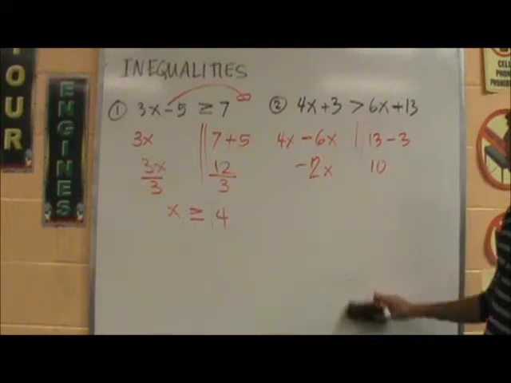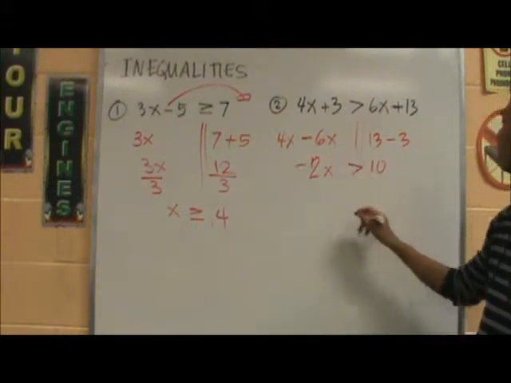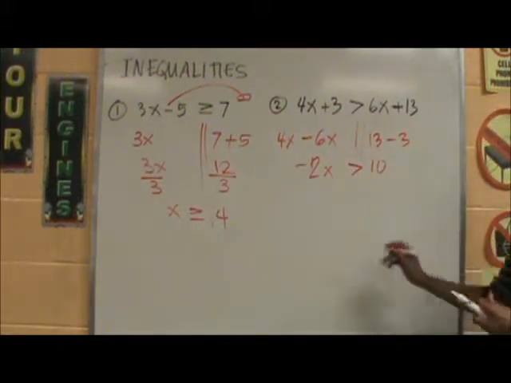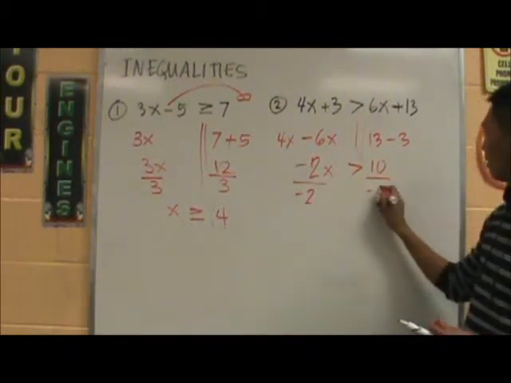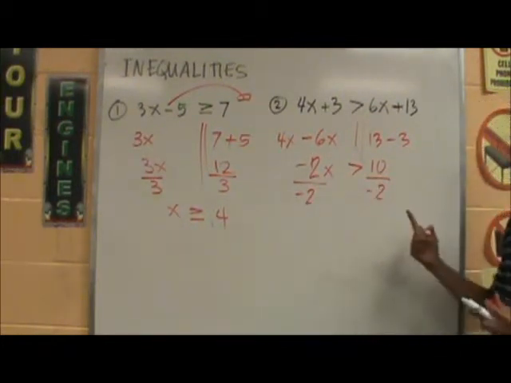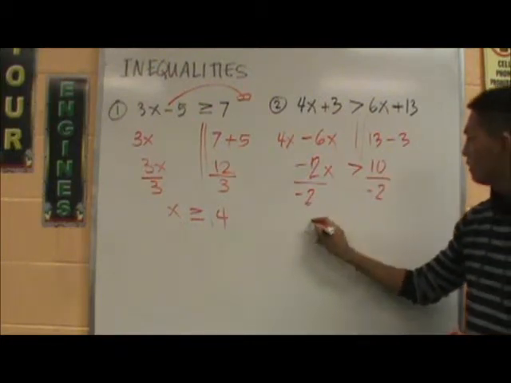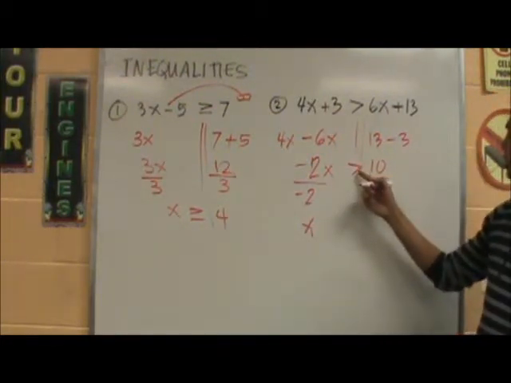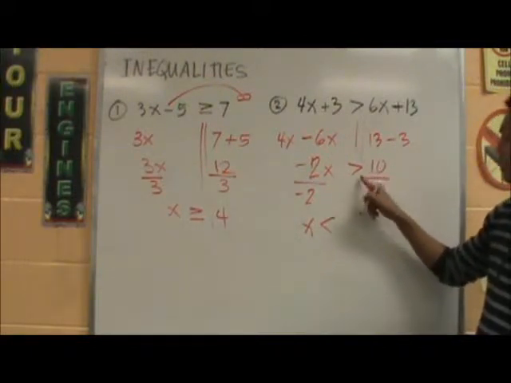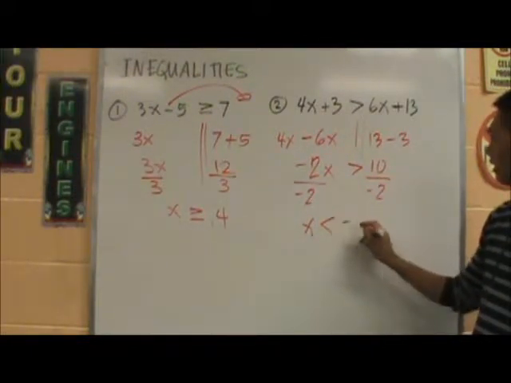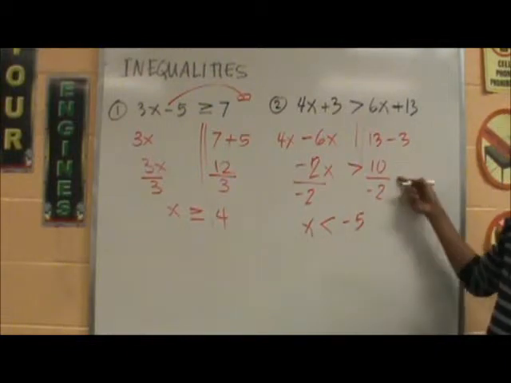Okay, so here you go. Now that I'm dividing both sides by a negative, you've got to be careful here. When you divide both sides by a negative number, it is important that you flip the symbol when dividing 10 by -2.